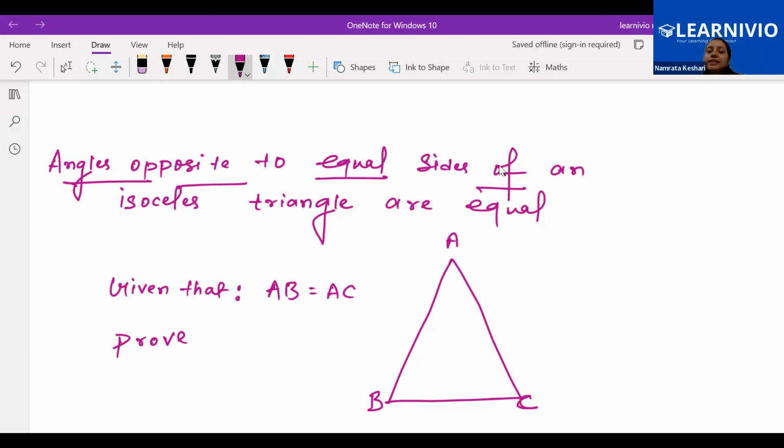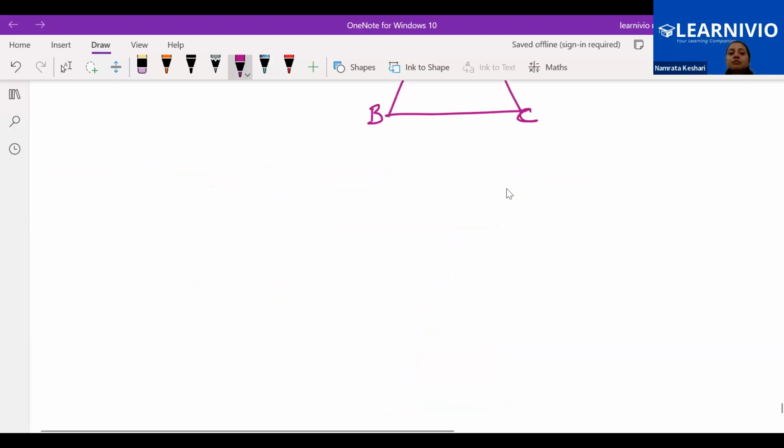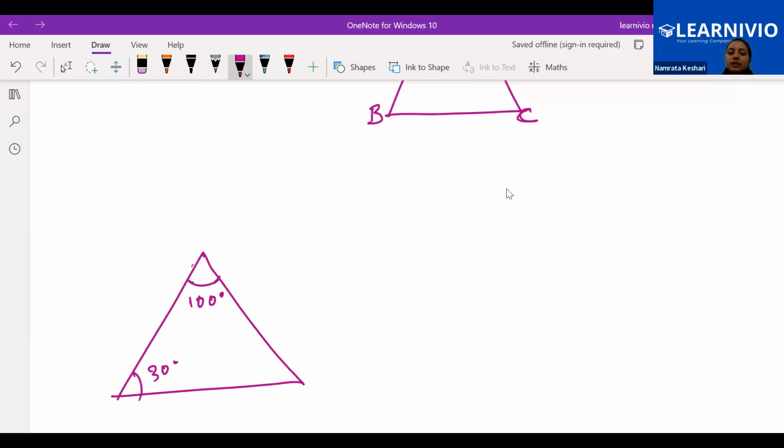Opposite to this equal side, whatever angle we are having, since see there is a property in triangle that if you are having a triangle, okay, if this angle is, let's say, 100 degree, if this angle is, let's say, 30 degree, and if this angle is 50 degree, then opposite to a smaller angle will be the smaller side. The smallest side, then the next is smaller, that is 50.